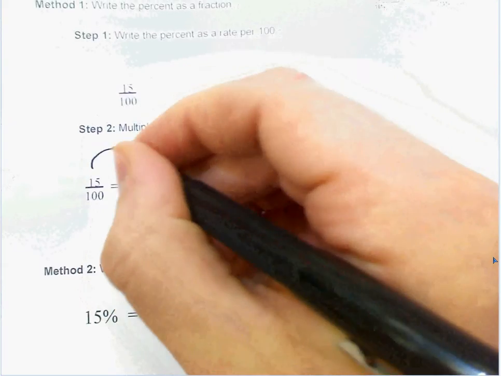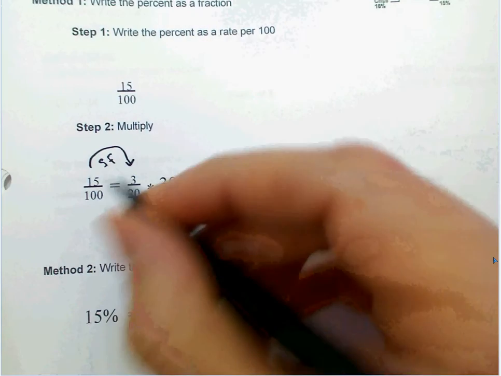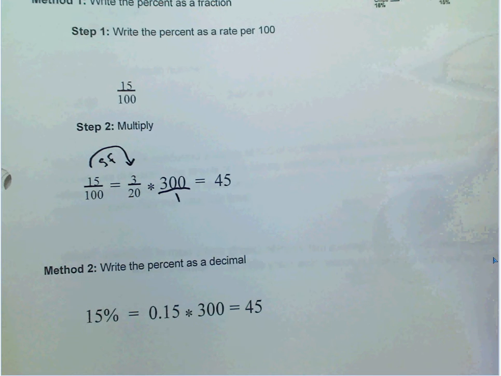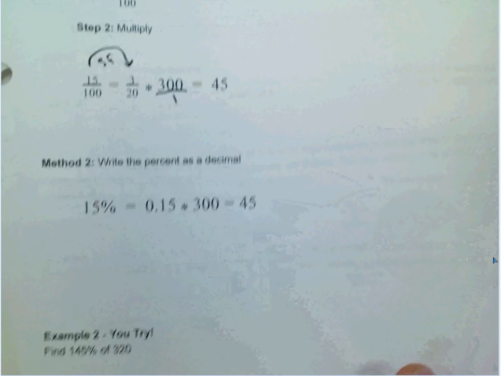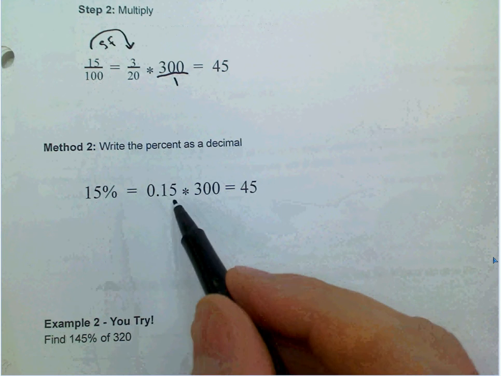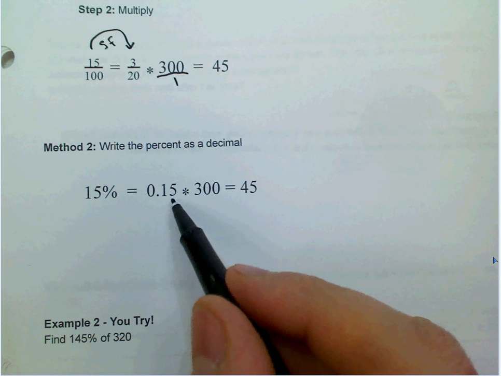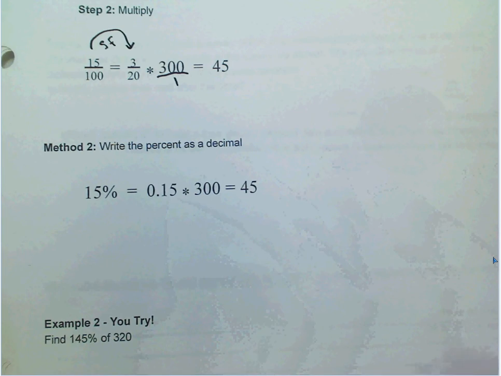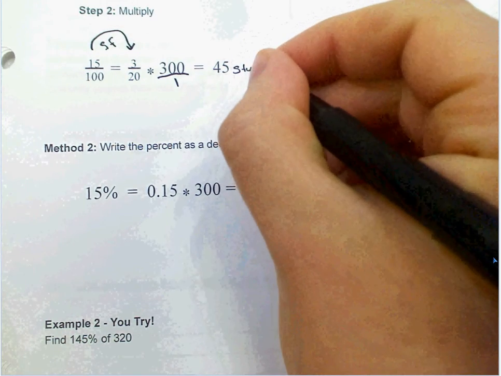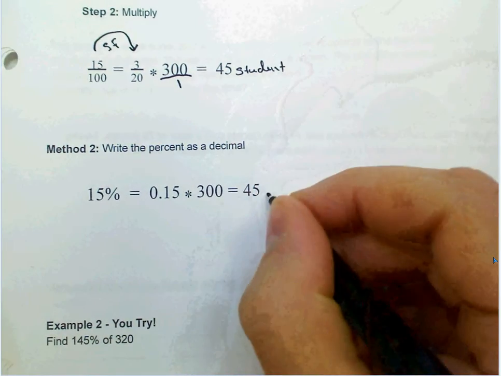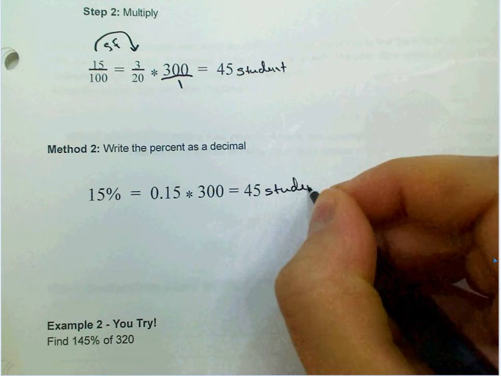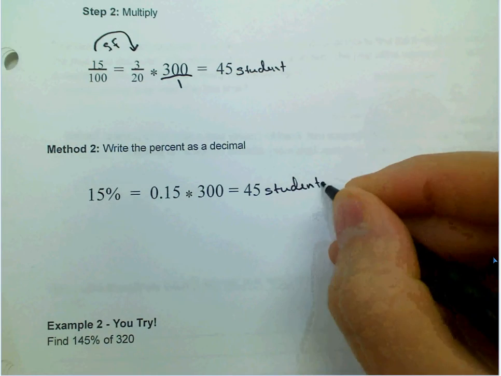Simplify to 3/20ths, then multiply it times the 300 students and we get 45. If we change that to a decimal and multiply, we get the same result.